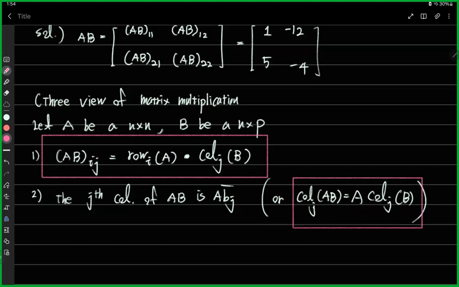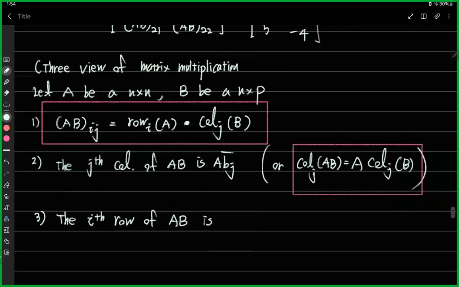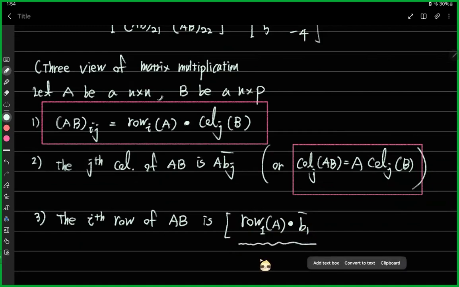And then the last one, three, is the ith row. What about the ith row then? Row of matrix AB is what? The first row of matrix A dot the B1 bar. Okay, never mind, I don't want to confuse you.